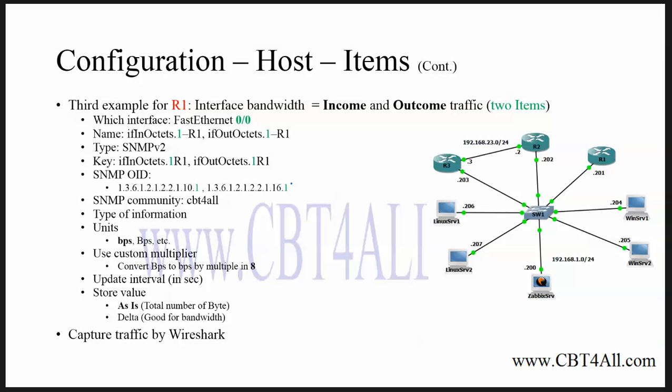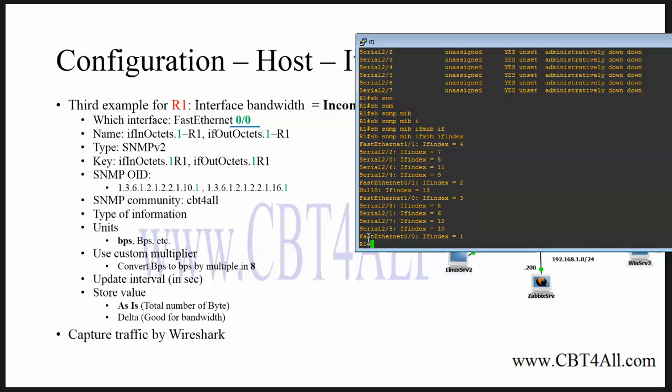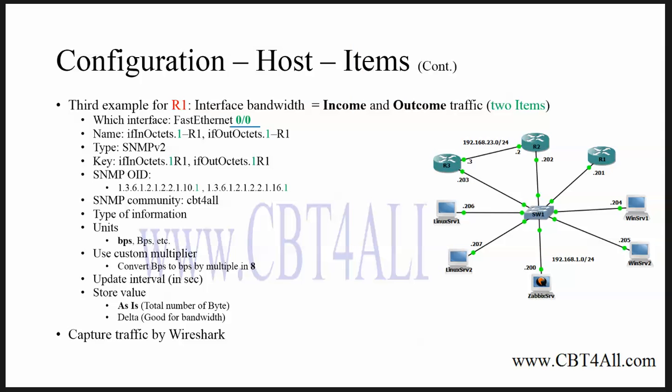Now we can monitor the interface. Which interface do I want to monitor? I want to monitor interface FastEthernet 0/0. So I jump back to router 1, FastEthernet 0/0 is index 1. So I can use this number, and this is the index number. So let's do it.